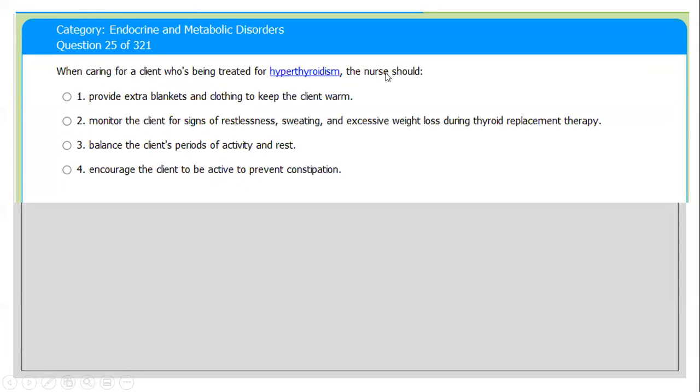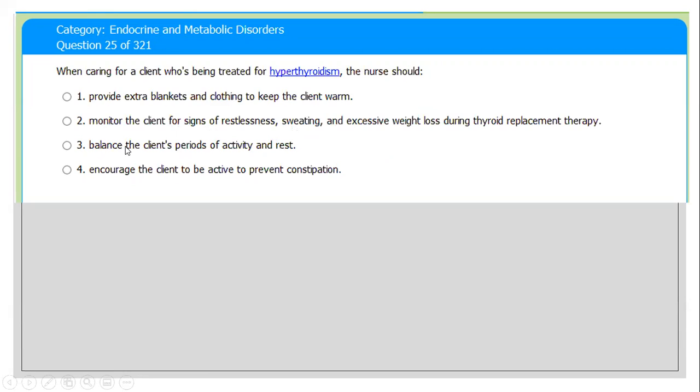Next question here. When caring for a client who is being treated for hyperthyroidism, the nurse should do what? Number one, provide extra blanket and clothing to keep the child warm. Number two, monitor the child for signs of restlessness, sweating, or excessive weight loss.